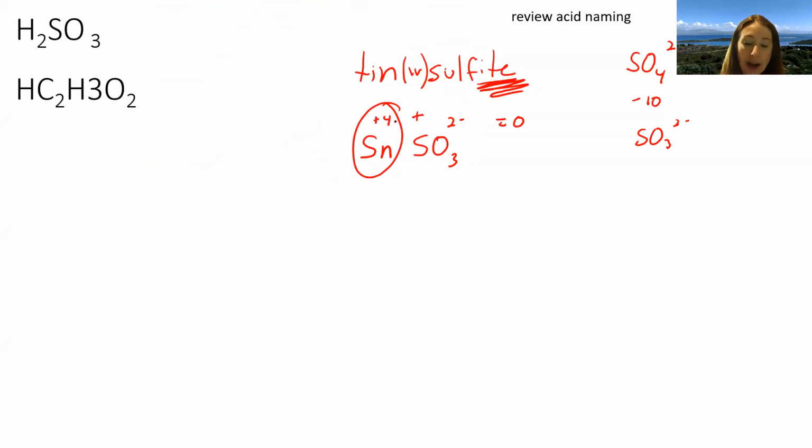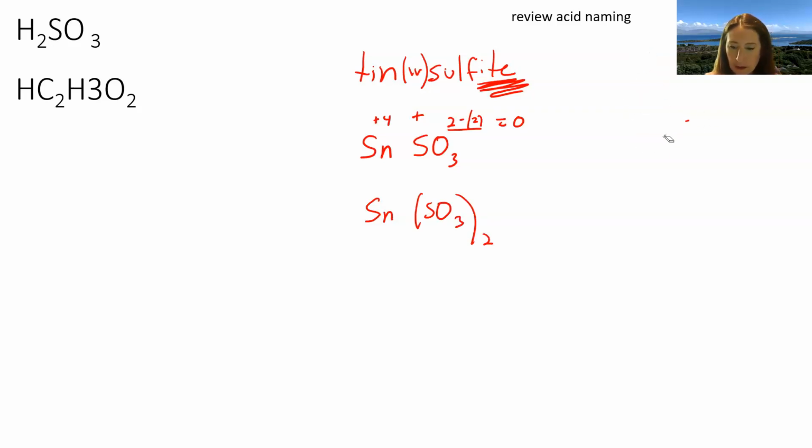So we have +4, and again, we need this to be 0. This is +4, and this is a -2, so we need 2 sulfites. So Sn, SO3, 2. So doing this another way, right now we have 1 Sn, its charge is +4.